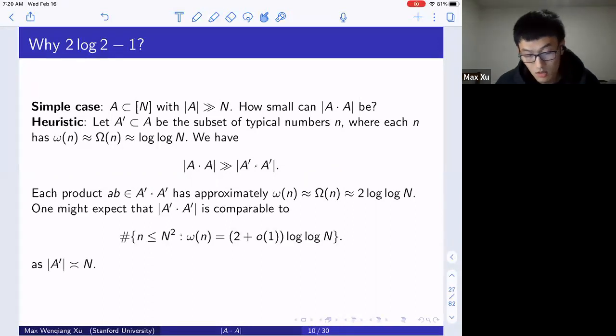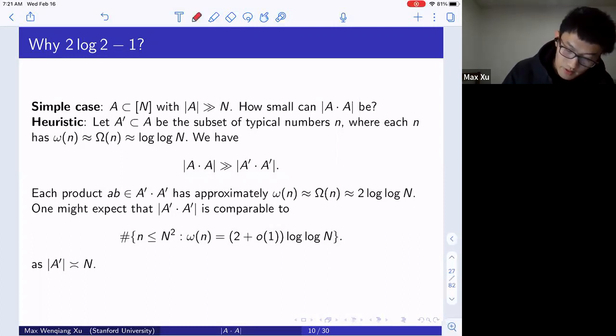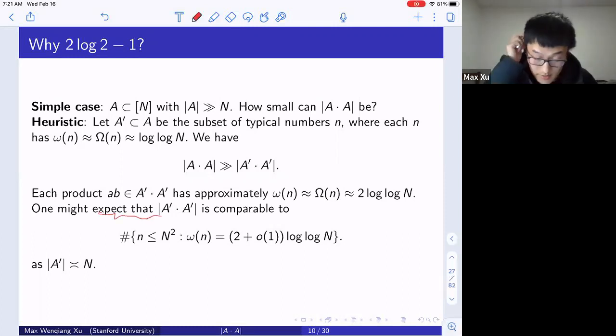Now we consider the set of all n up to n squared such that omega of n is roughly 2 log n.